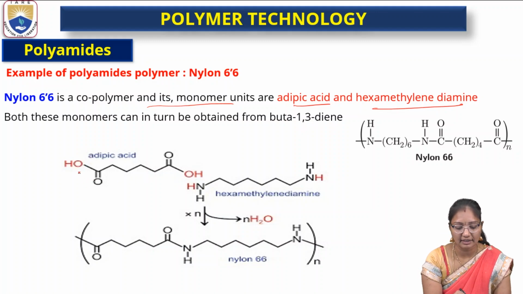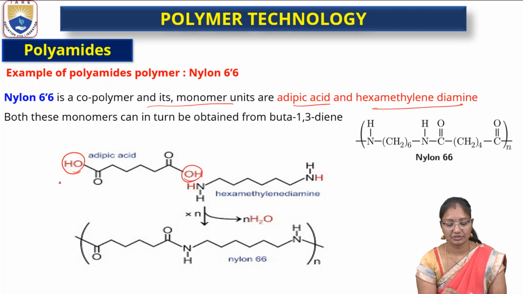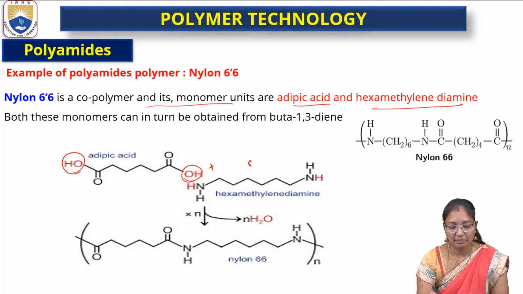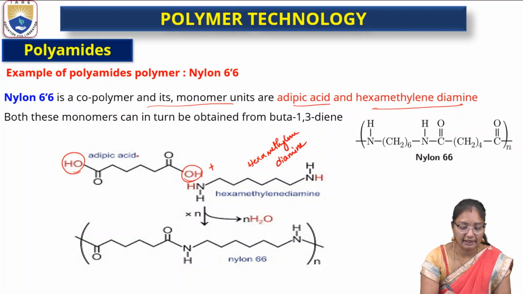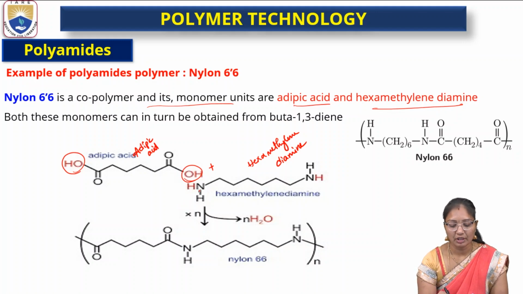This is adipic acid. The structure of adipic acid has OH groups on both sides of the structure. When it reacts with hexamethylene diamine, which consists of two amino NH2 groups, one H from the amine and one OH from the acid react and eliminate one water molecule, H2O.